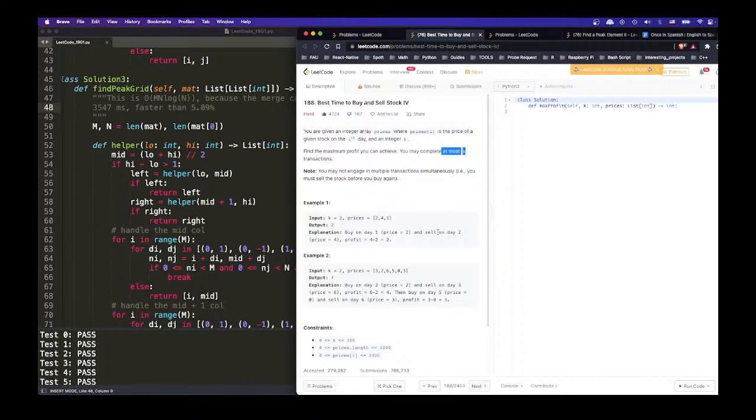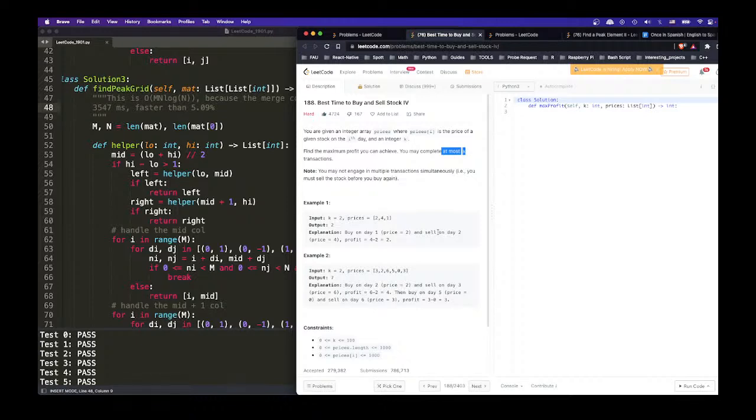And how do we handle at most k transactions? Hold on, I need to get into the mindset of the state machine.